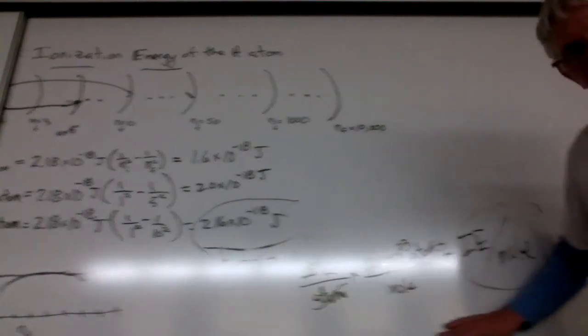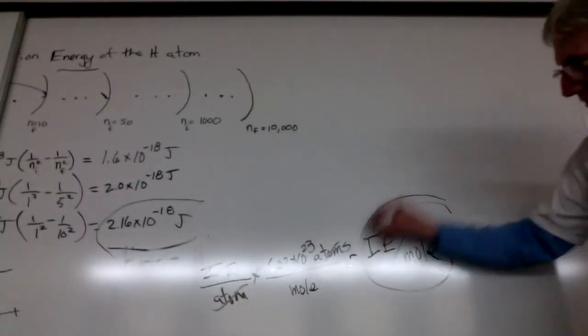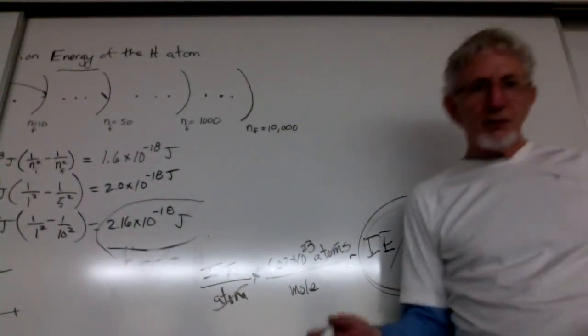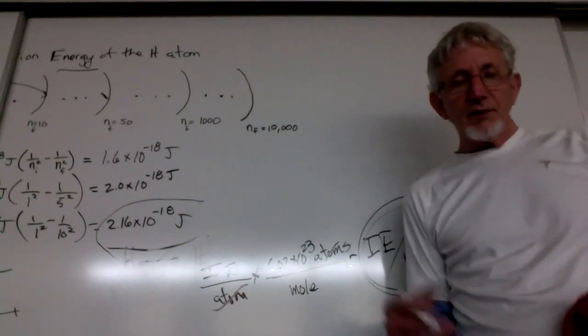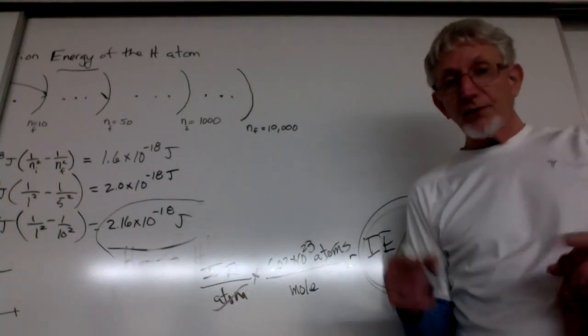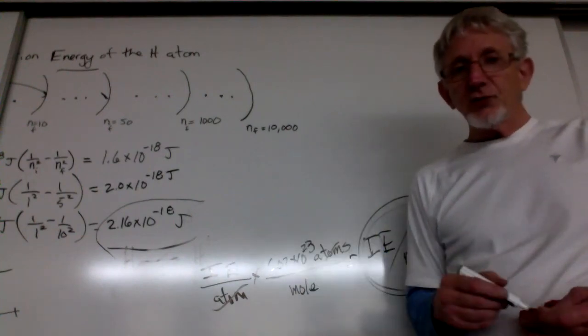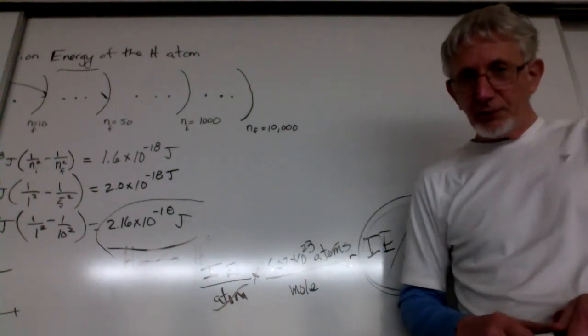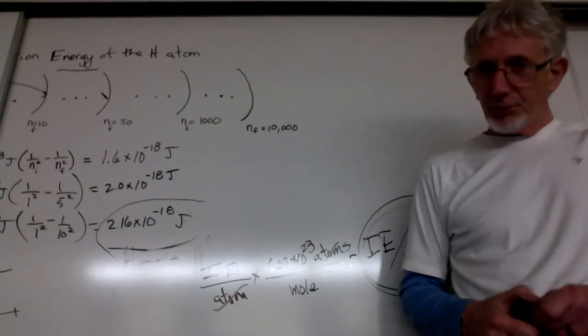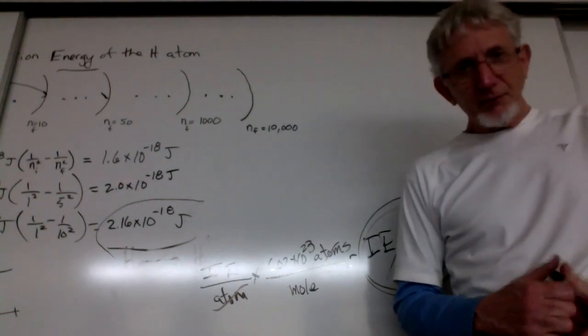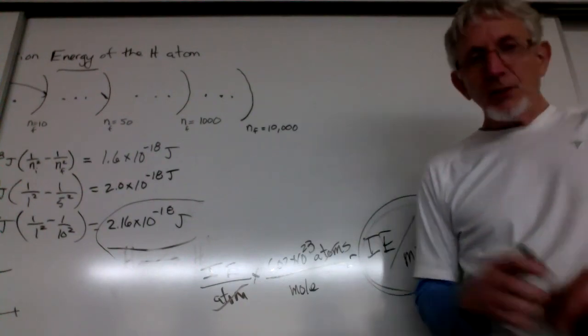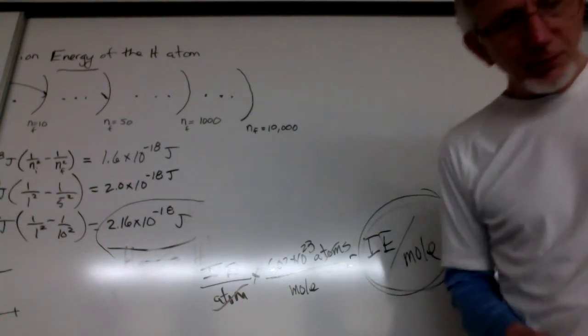So look up the molar ionization energy for hydrogen online, find the experimental value, and then calculate the relative percent error of Bohr's model compared to the known experimentally determined value. I think you'll be impressed, should be anyway. And write about this, discuss it in your lab report.